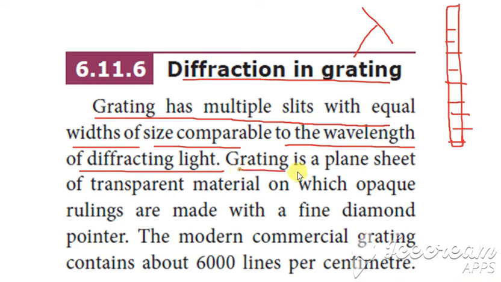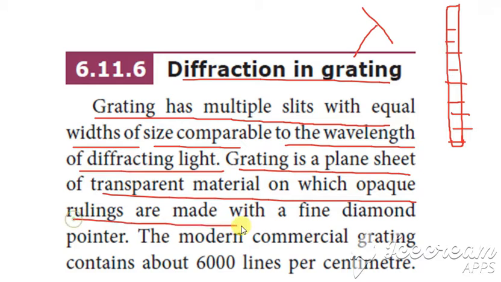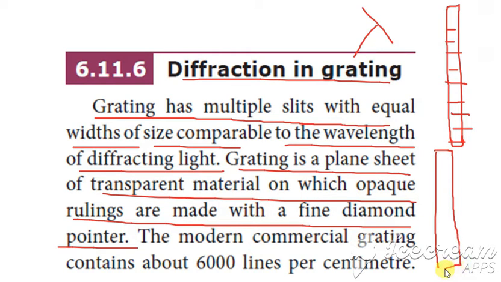This grating is a plain sheet of transparent material on which opaque rulings are made with a fine diamond pointer. So the grating is a transparent material on which we draw opaque rulings with the help of what?